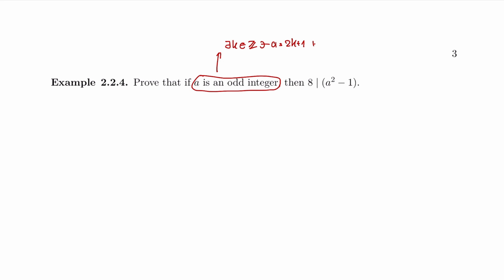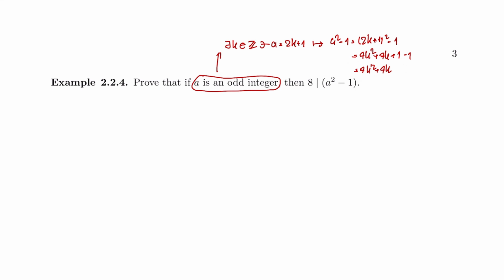Now let's calculate a squared minus 1, which is (2k plus 1) squared minus 1, which is 4k squared plus 4k plus 1 minus 1, which is 4k squared plus 4k. And we are unable to factorize further.